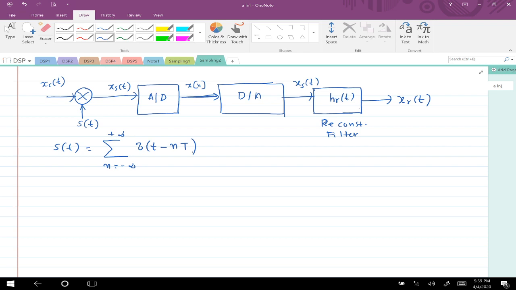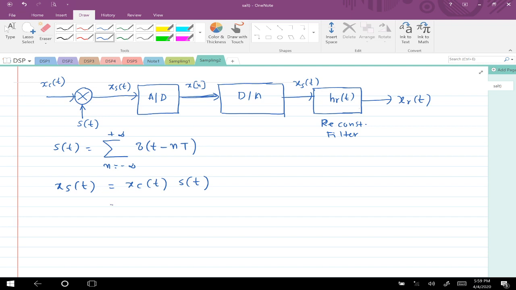The expression for xs of t we derived by writing it as xc of t multiplied with s of t, and making simplifications using the shifting property.